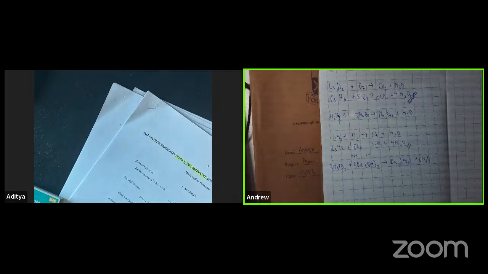You sure? Okay, because originally it's also 2 and 9 and 6 and 6. It's also 11 and 12. The number of molecules are never meant to be the same in both sides. They can be, but they need not be.